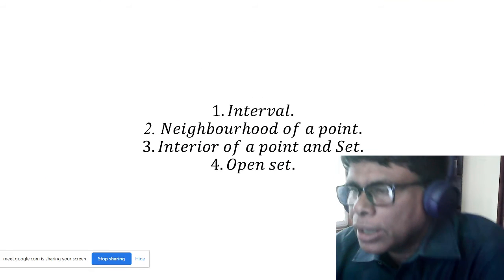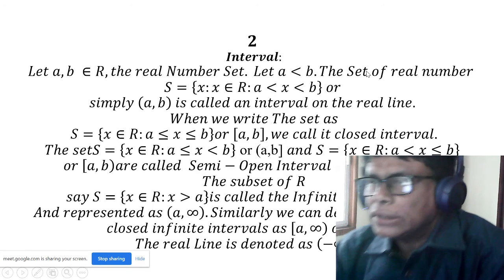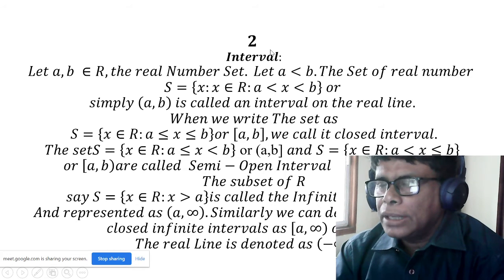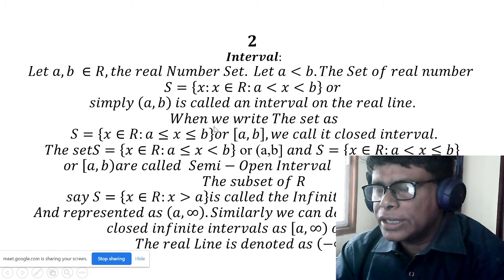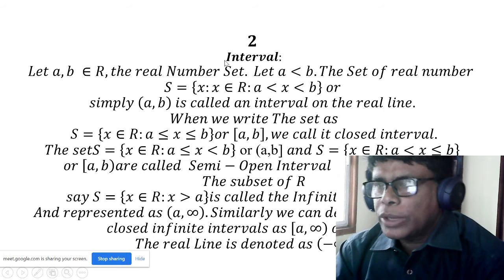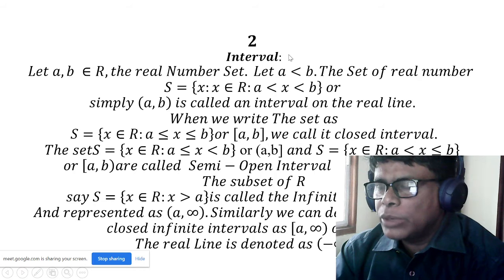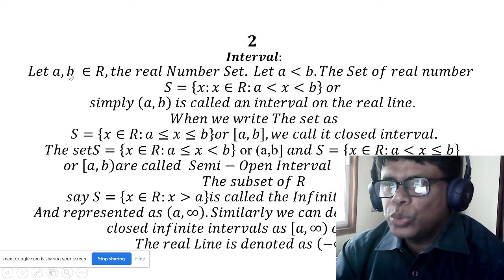So today I shall start with the interval. Now see, you know what is written here. You know it already, but you don't know exactly how it can be described. Okay, this is the interval we are using. Let A and B belong to the set R. So say A is equal to 2 and B is equal to 3.